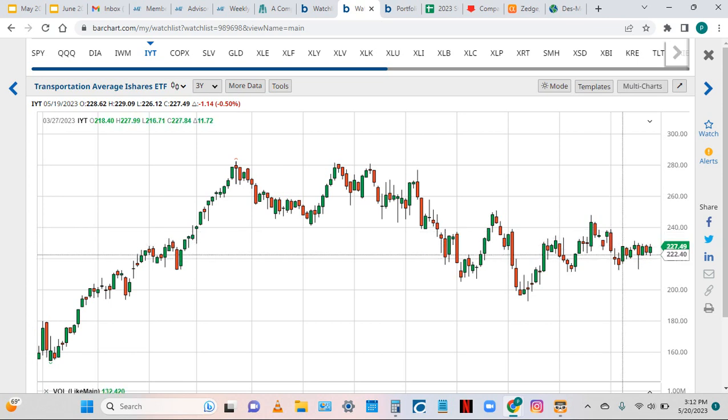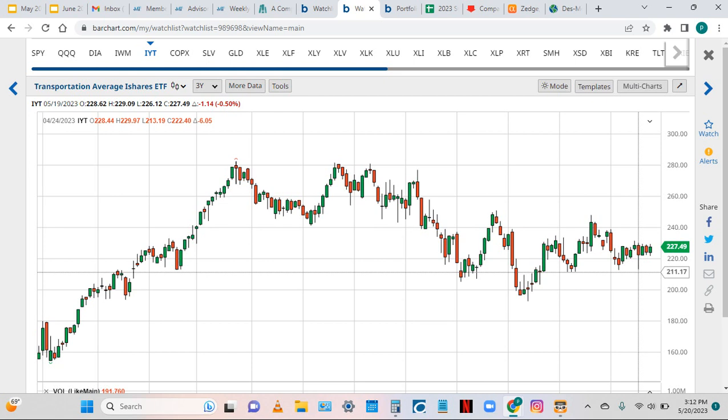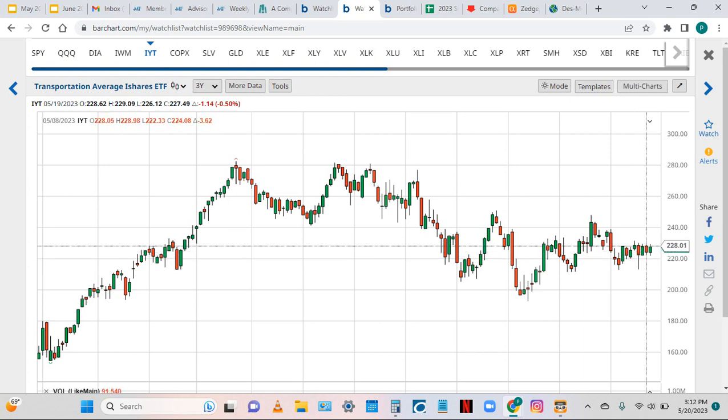It also consolidated somewhat and came up slightly in price over the last 8 to 10 weeks. This bottoming tail bar here is kind of positive. It showed that sellers tried to take price lower but could not. And that was followed by a green bar, red bar. So there's this back and forth in this index that could go either way. So that looks pretty neutral to me as far as transports go.